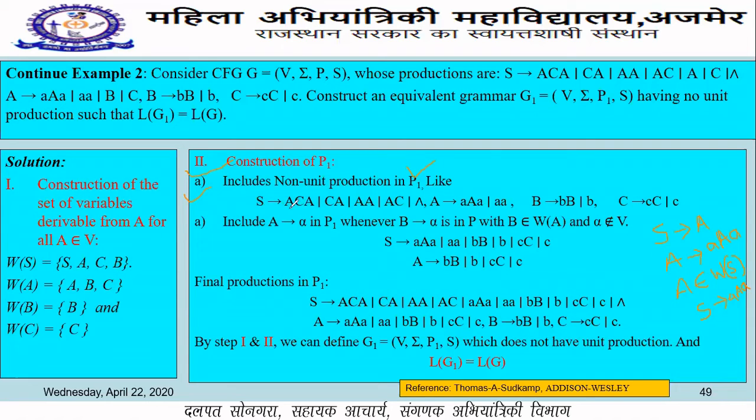Like S tends to ACA. This is not a unit production, like all these are not unit productions, so we include all these into the simplified set of production P1.